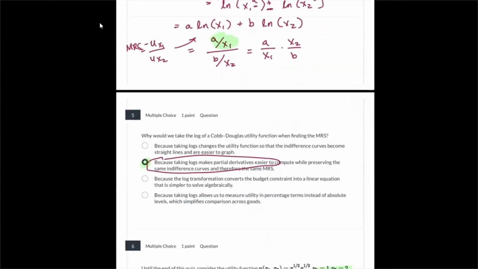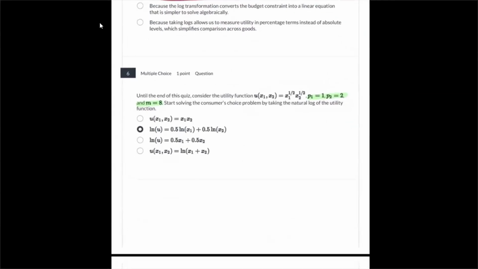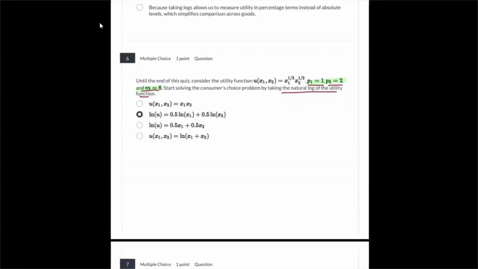And for question 6, consider this utility function with x1 to the 1/2, x2 to the 1/2, price of good 1 is 1, price of good 2 is 2, and M is 8. Take the natural log of the utility function to find the MRS, just like we discussed. So that's just take the natural log of this.